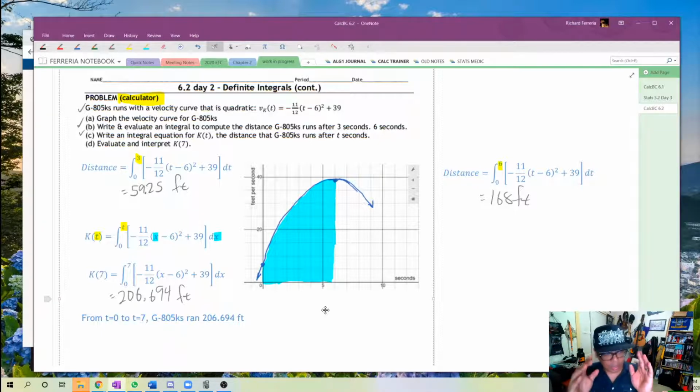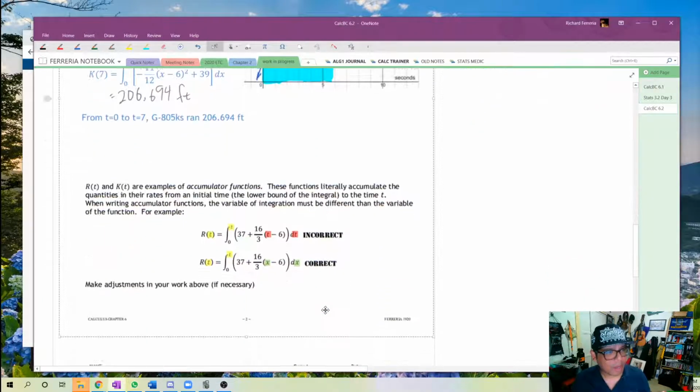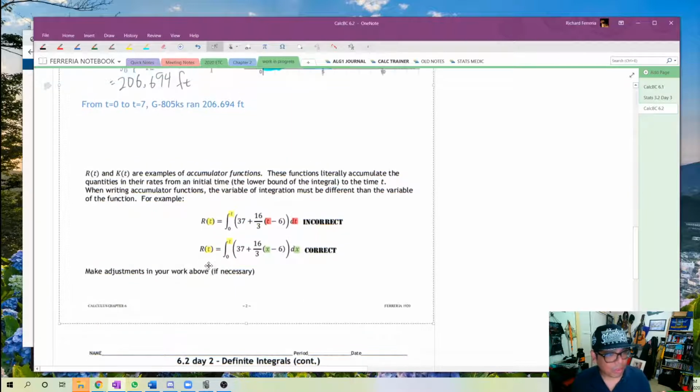So area is the same thing as an integral, and we can calculate that integral using our calculator, or we can calculate that integral using geometric methods. Okay, this is what I was talking about earlier.